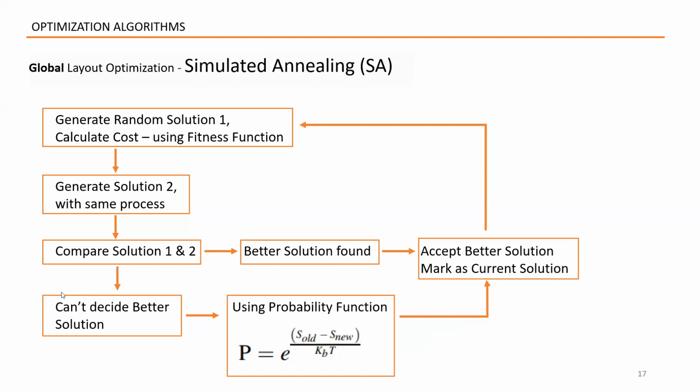Otherwise, if the better solution cannot be decided, then we'll use this probability function to determine which one will be the accepted solution.